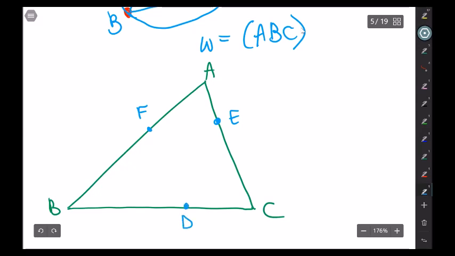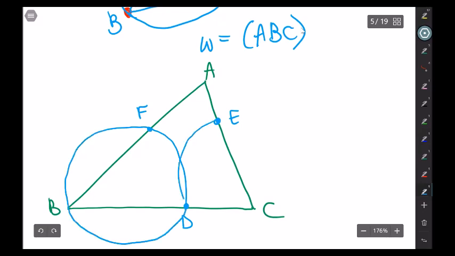Okay, DEF. Let's go ahead and draw the circles. There you go, that's the first circle. That's the second circle. Oh, wow, that's more like an egg, but pretend it's a circle. Okay, let's do it again. It should be a little bit more round. There you go. All right.